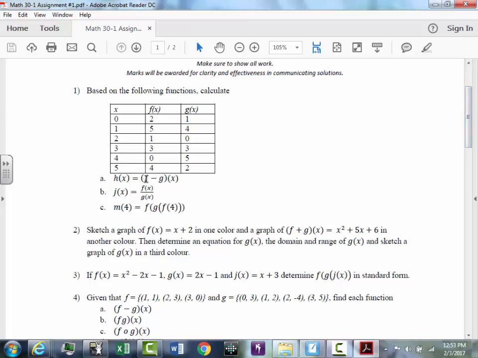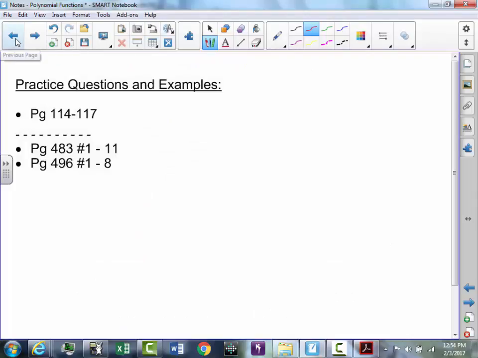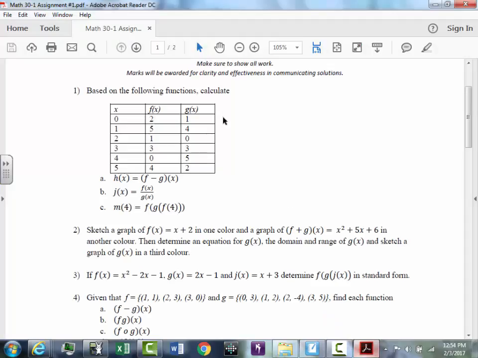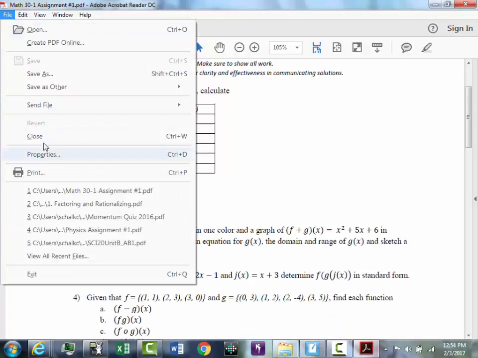If I were to ask you to do f minus gx, all I'm asking you to do is take the f value and subtract the g value. So for when x is 0, what would the subtracting one give you? 1. So here's how I kind of expect you to write this, just so you guys kind of know how the answer key would be written out. I should do the first one with you.